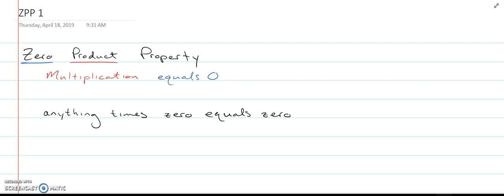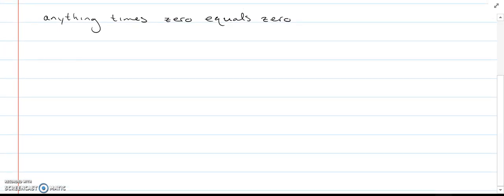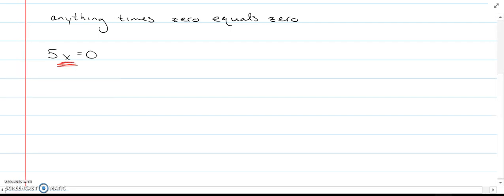And so conceptually, you know everything already. This is not a new idea to you. The fact that anything times zero is going to equal zero just means that if I tell you 5 times x equals zero, you know that x has to be zero. It's not going to change.